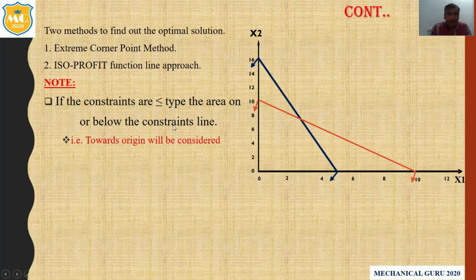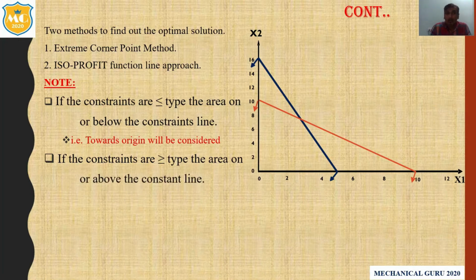Clear? Now second point: if the constraints are greater than or equal to type, the area on or above the constraint line, that is away from the origin, is the feasible region. Okay, let's see an example.